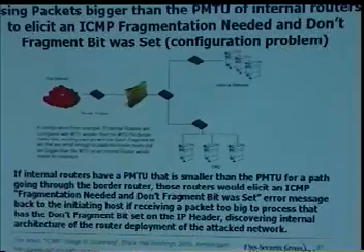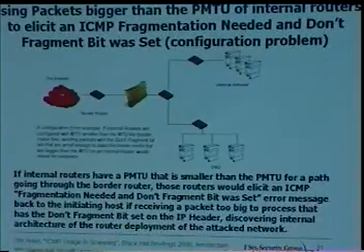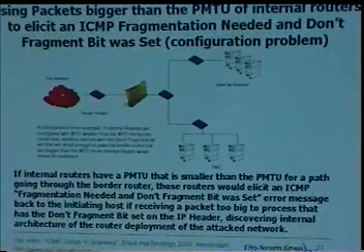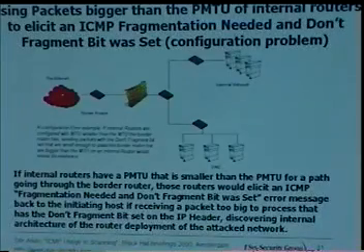Another method, which is a bit of a configuration problem, is if internal routers have a path MTU or an MTU that is smaller than the MTU for a path going through the border router, those routers may elicit back an ICMP fragmentation needed and don't fragment bit was set error message back to the proper initiating source.